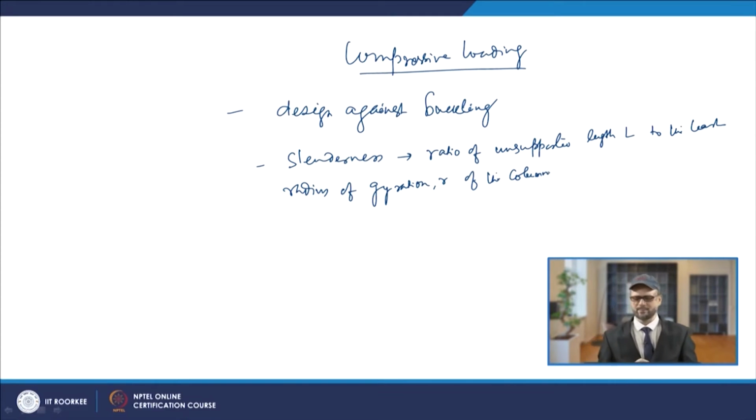This slenderness ratio becomes important. When your slenderness ratio is higher, there are more chances to buckle. In those cases the column will start moving laterally, rather than getting crushed, and that will happen at a stress which is lower than the yield strength of the material.